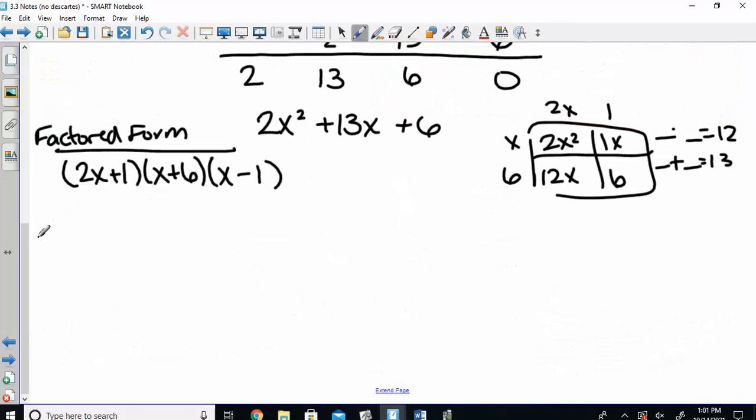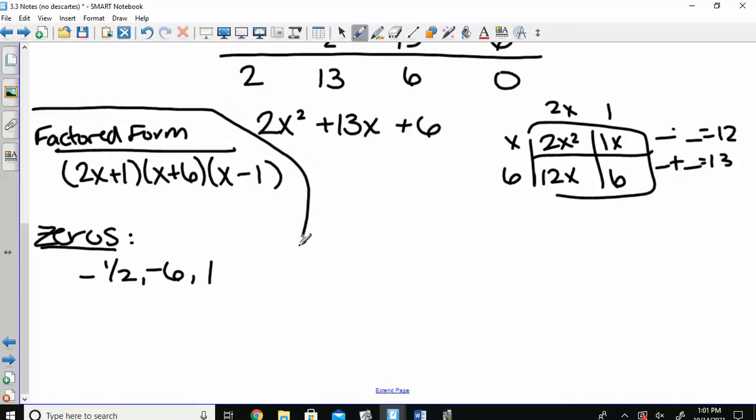Okay, that's my factored form. If I want all the zeros, we set each of those equal to 0. We get -1/2, -6, and +1. Were all of those on my list of possible zeros? Yes. So we listed everything that could be a 0, we factored it, and then we found all of the real zeros.